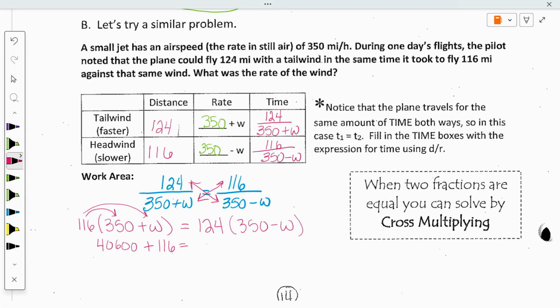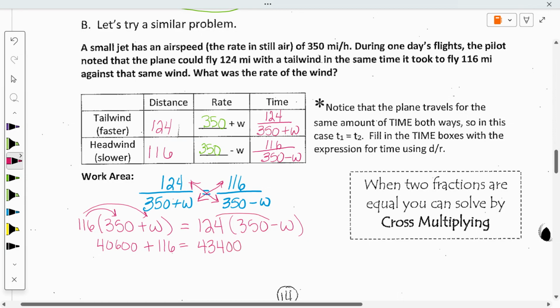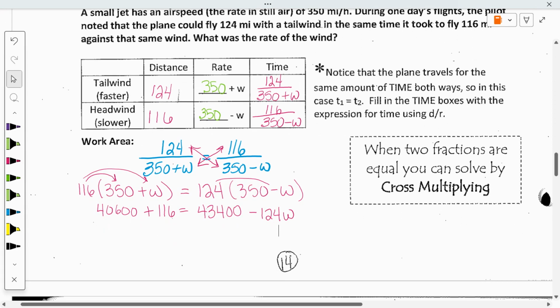Yep. 43,400. Thank you so much, sir. Distribute minus 124W. What do you want to do next?